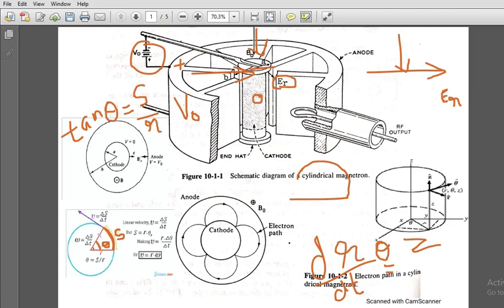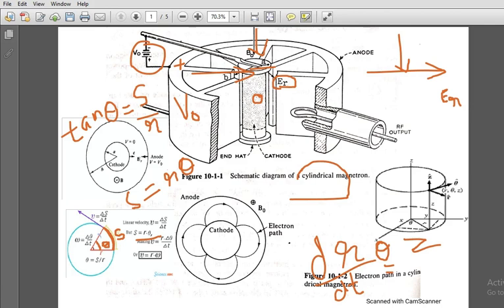For small angles we can write S is equal to R theta. So the angular displacement is R into theta, and the angular velocity is equal to R into d theta by dt. This is what relates to the cylindrical coordinate system.